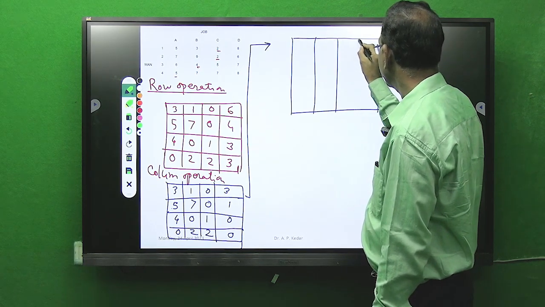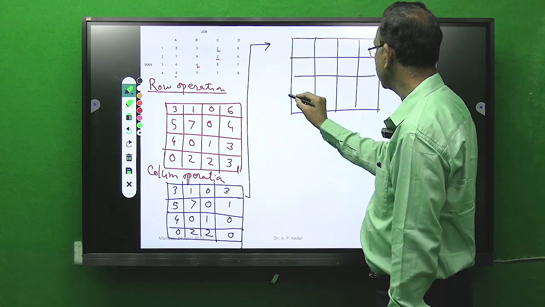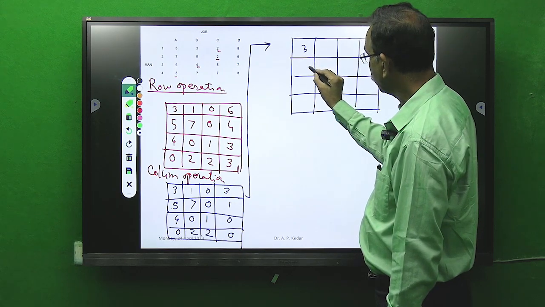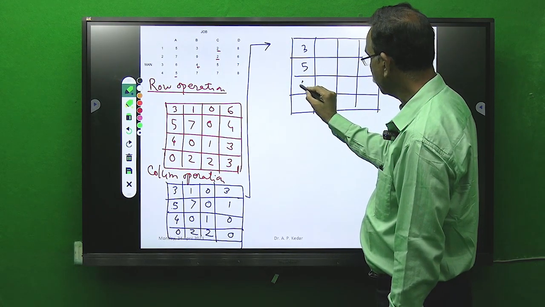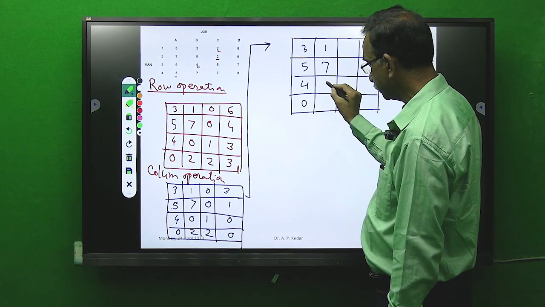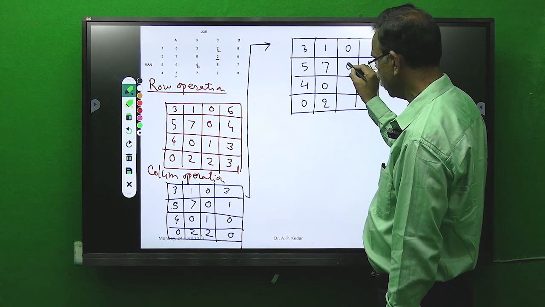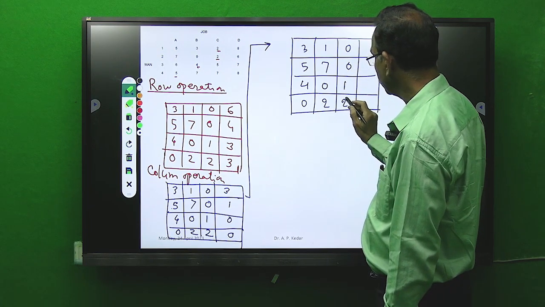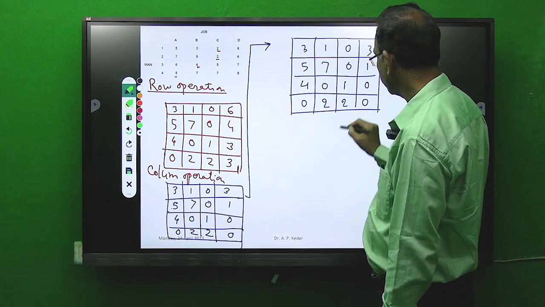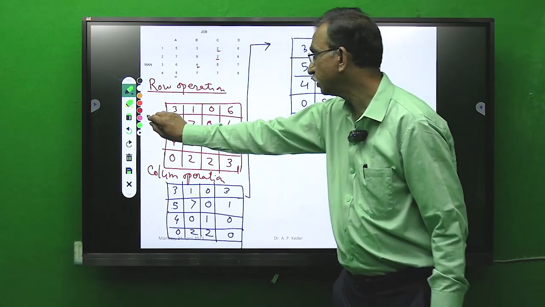I am rewriting the same matrix to carry out assignment, and the values are 3 5 4 0, 1 7 0 2, 0 0 1 2, 3 1 0 0. We will check how to proceed for assignment.